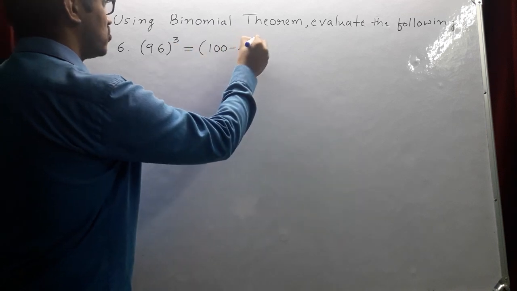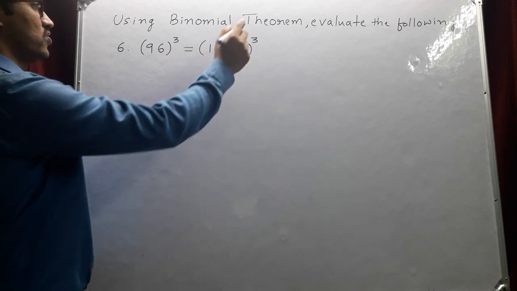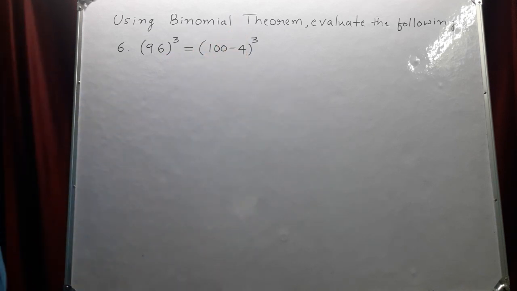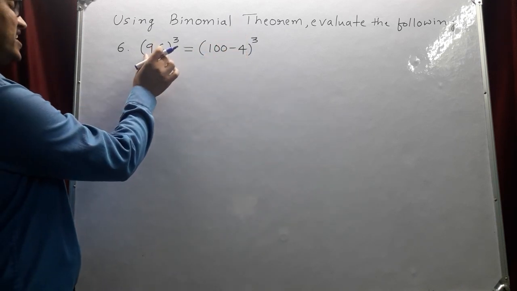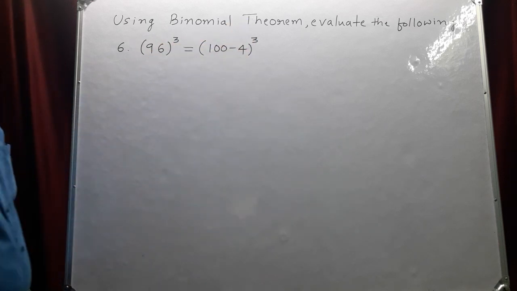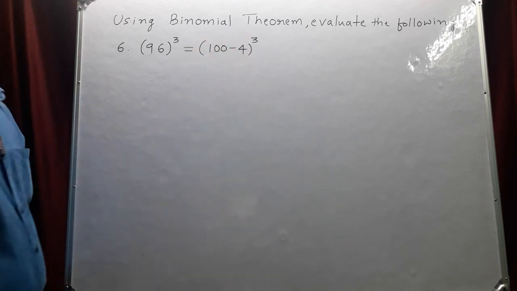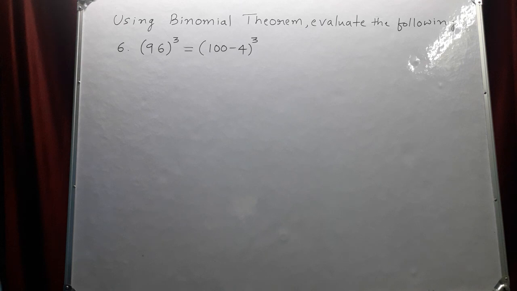Since we have cube, 96 cube can be written as (100 minus 4) cube. Finding the value of this is the same as finding the value of (100 minus 4) cube. So let us find it by using the binomial theorem.